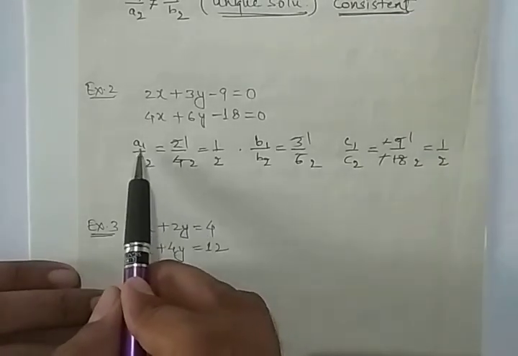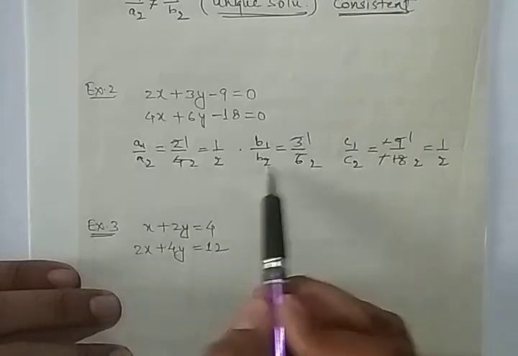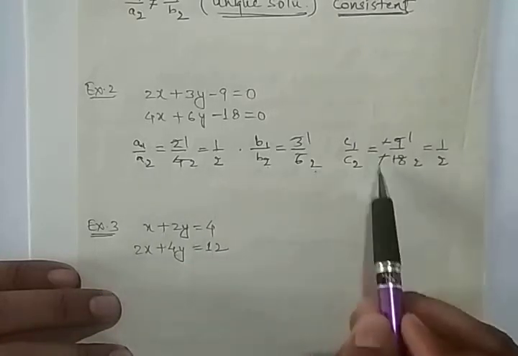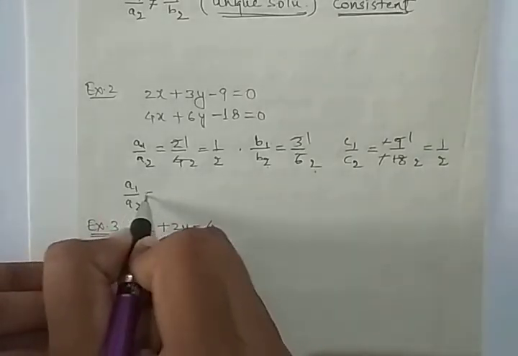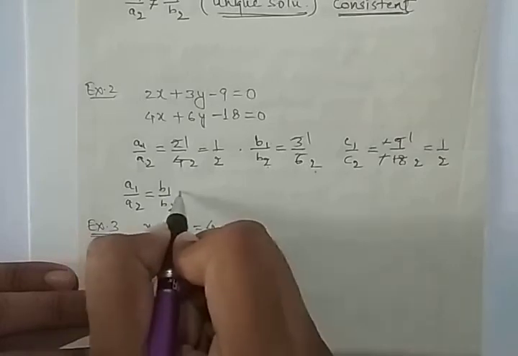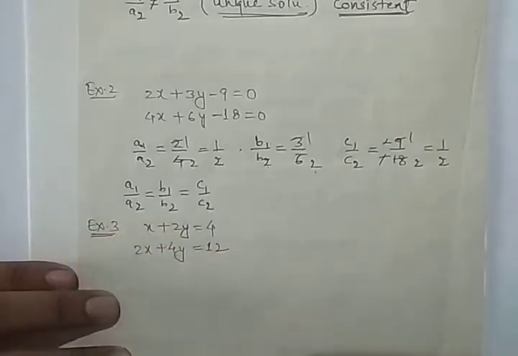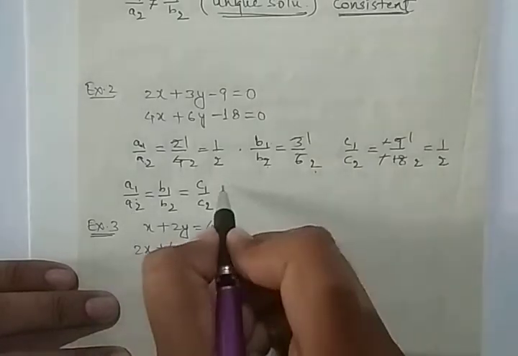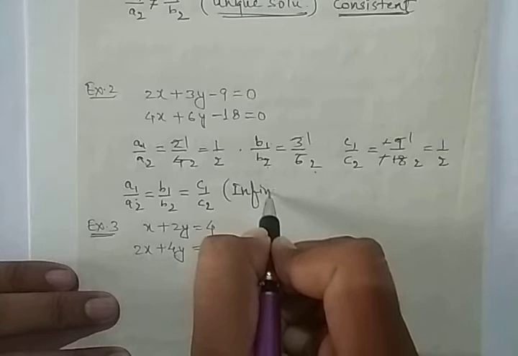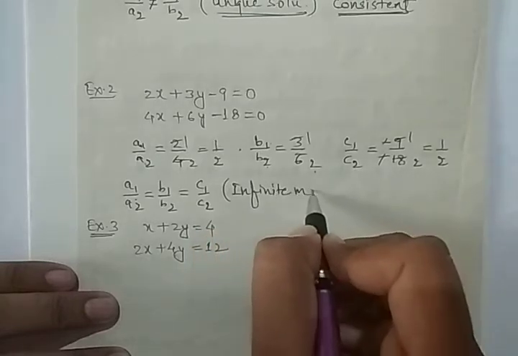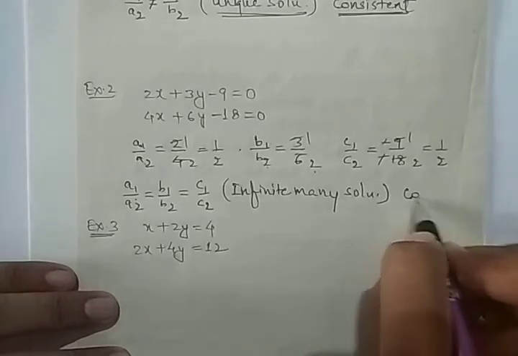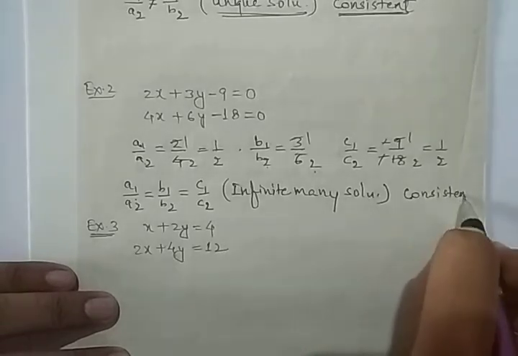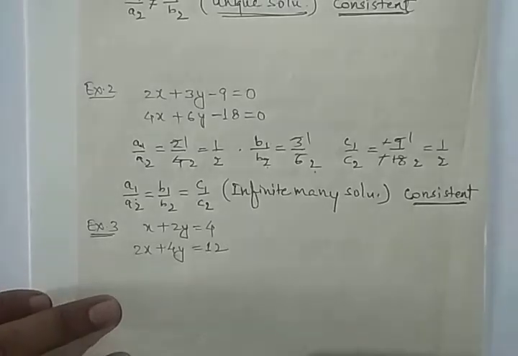You can see that a1 upon a2 is 1 by 2, b1 upon b2 is 1 by 2, and c1 upon c2 is also 1 by 2. It means a1 upon a2 is equal to b1 upon b2 is equal to c1 upon c2. And if all ratios are equal, it means infinitely many solutions and the pair of lines is consistent.